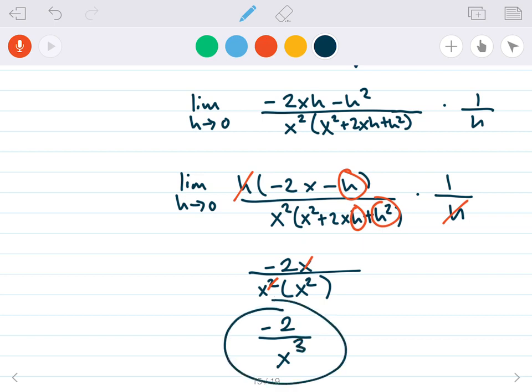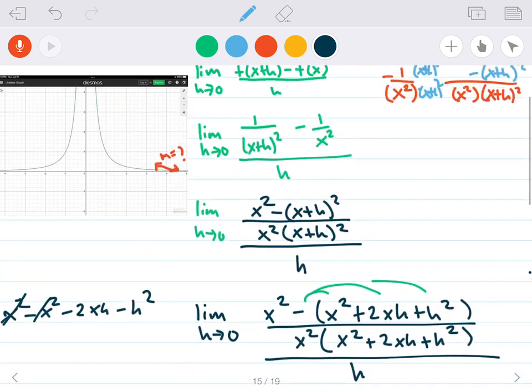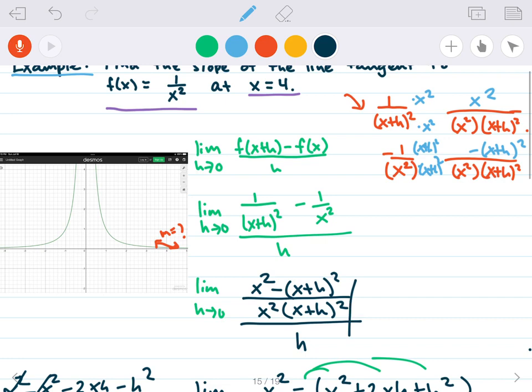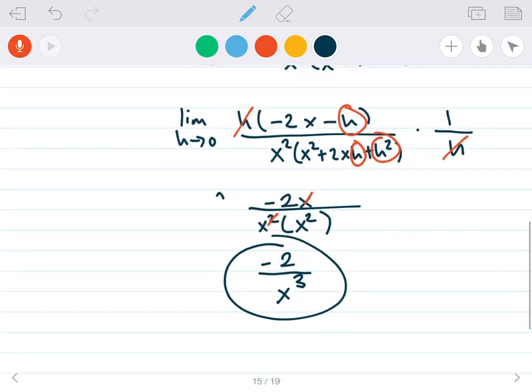All right. And so I'm interested in the slope. Let's go back up here. When x is equal to 4. Okay, so when x is equal to 4, let's see what our slope is. Okay, so 4 to the third.